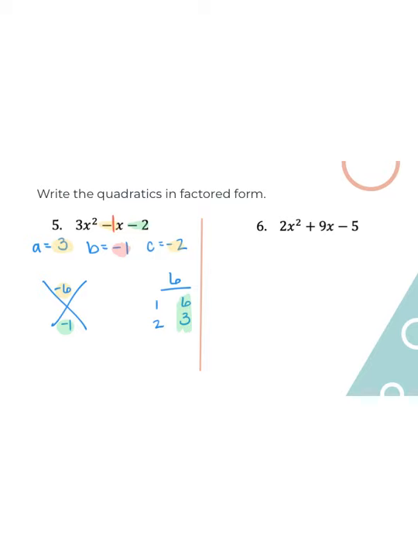Okay, so I know that this one would have to be negative and this one would have to be negative. So 1 plus a negative 6 is going to give me a negative 5. So that's not going to work. And if I have 2 plus a negative 3, that will give me a negative 1. So I know that these two are what I'm looking for.